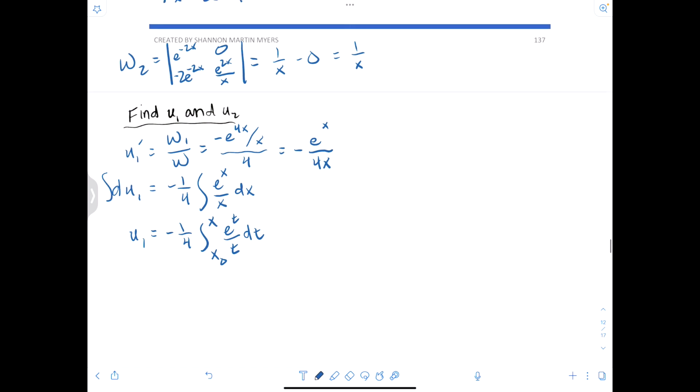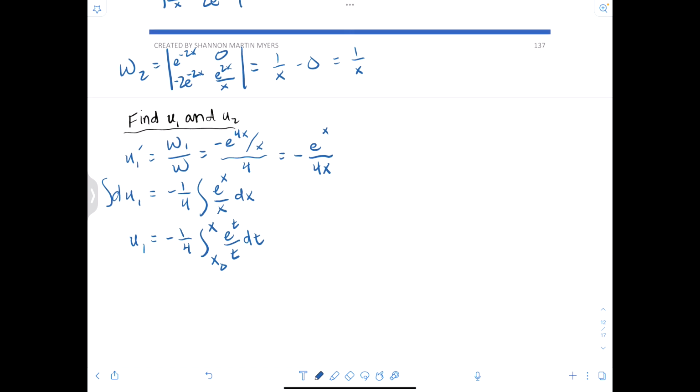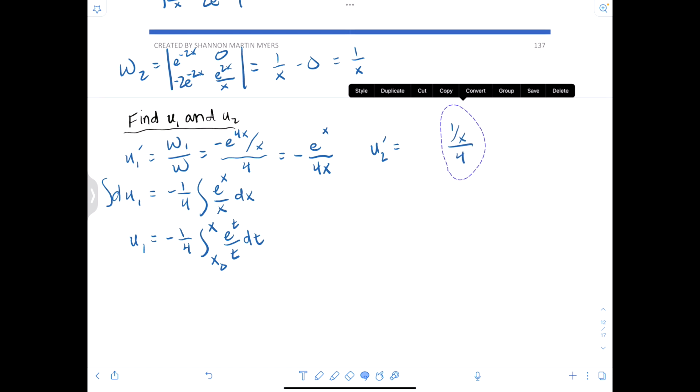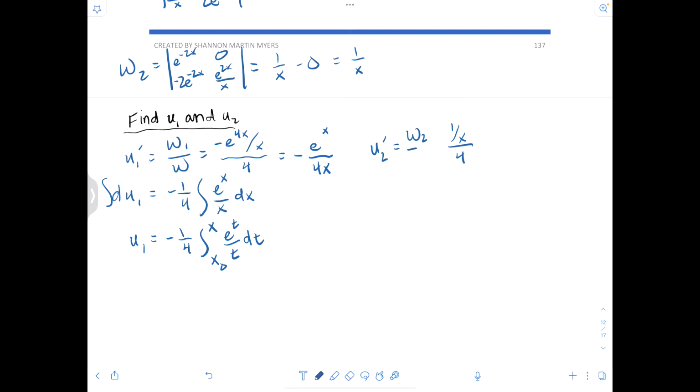Now, u2 is something we should be able to find. So u2 prime is going to be 1 over x over 4, because that was from our Wronskian. So w2 over w, which is 1/4 times 1 over x.